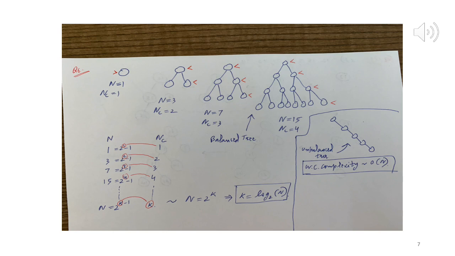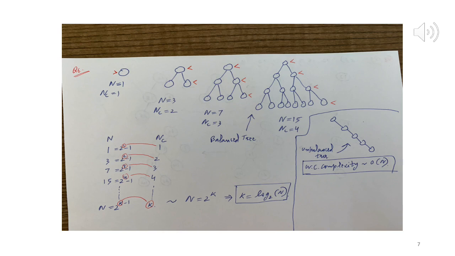So here the answer will depend on what kind of tree it is, right? We have two calculations on slide 7, one on the left, one on the right. We'll look at the one on the left first. We call this a balanced binary tree. So what do we mean by balanced binary tree? We look at the root, and then we look at the left subtree and right subtree, and then we compare the number of nodes.